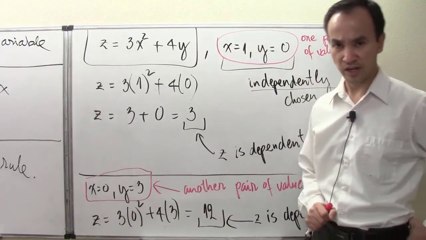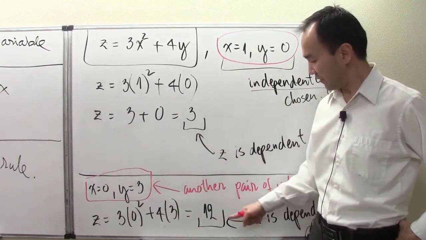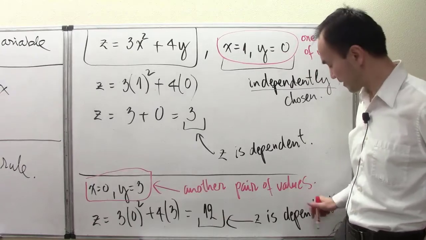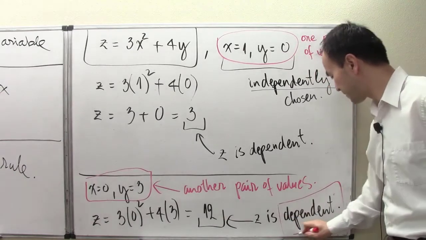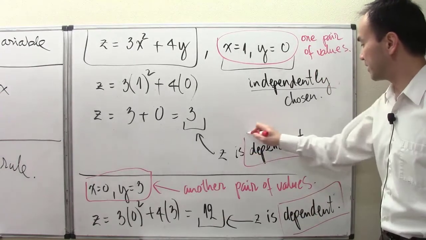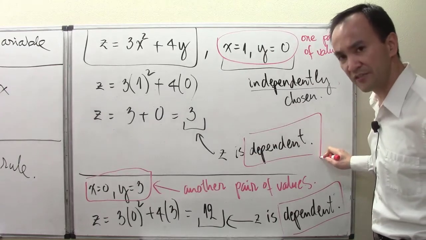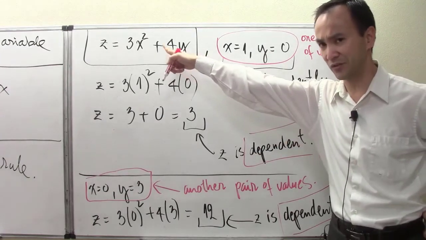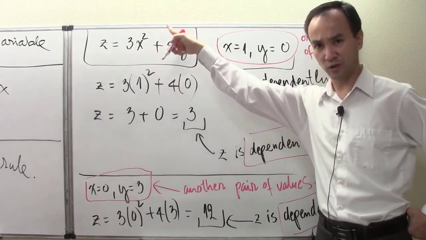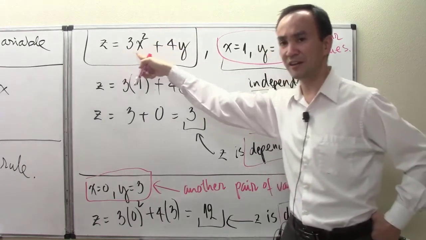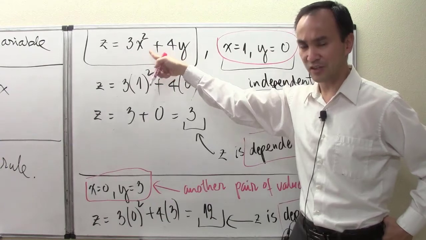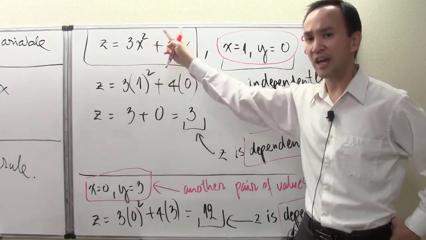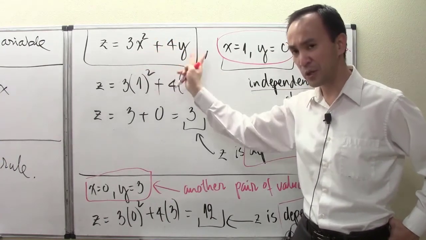So the variable z is dependent. To calculate z, to get the value that we assigned for z, we had to follow this rule. We get the value for z by going through this rule, and this rule takes two input values at a time.